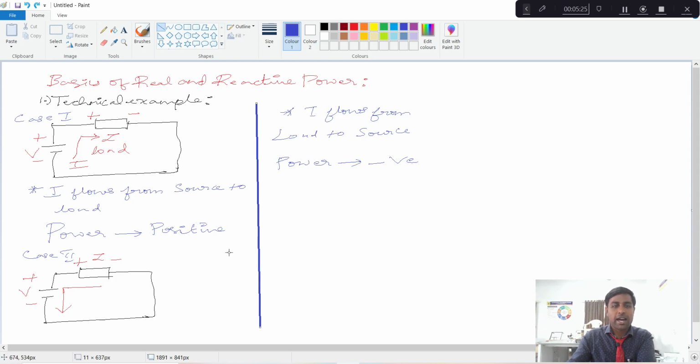At last, what we have to understand here: if my current is flowing from source to load, then obviously my power will be positive in the circuit. Likewise, if the current is flowing from load to source, then obviously my power will be negative, right? This is my technical example.